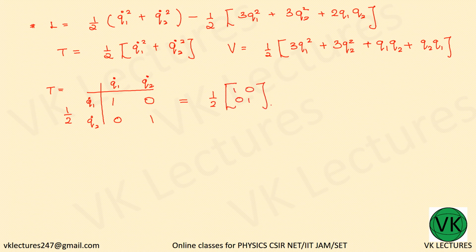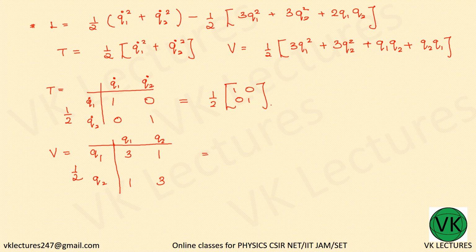For the potential energy, again q1 q2, q1 q2. So for q1 squared the coefficient is 3, q1 q2 is 1, q2 q1 is again 1, and q2 squared is 3.